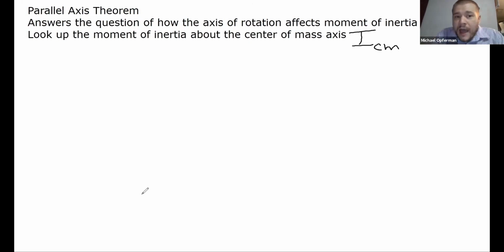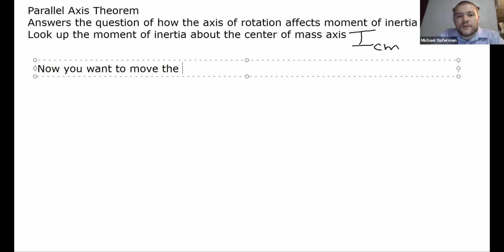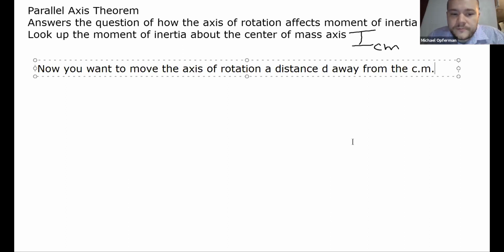So if you have that one, now you want to move the axis of rotation to a different spot. Now you want to move the axis of rotation a distance d away from the center of mass. In my case here, we rotate the pen about its center of mass, and then we move the axis from here to here.